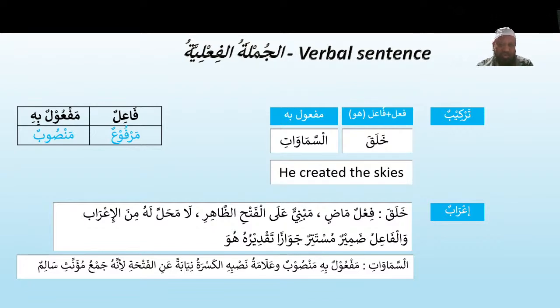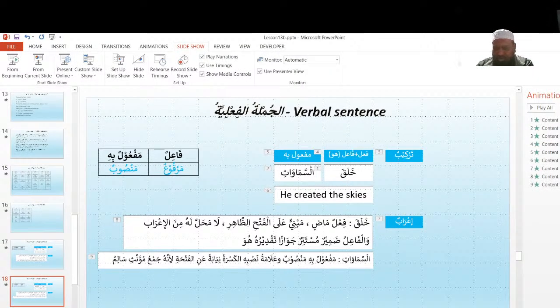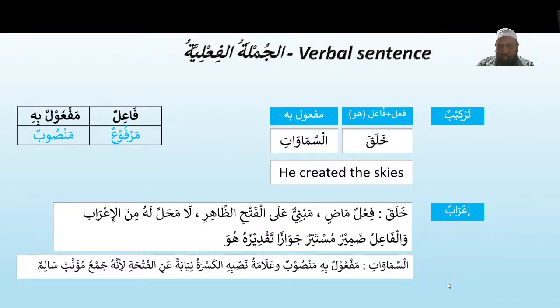And this type of ism is not showing with fatha, it's showing with kasra. So we say niyabatan anil fathati. Why? لأنه جمع مؤنث سالم. So السماوات مفعول به منصوب وعلامة نصبه الكسرة نيابة عن الفتحة لأنه جمع مؤنث سالم.